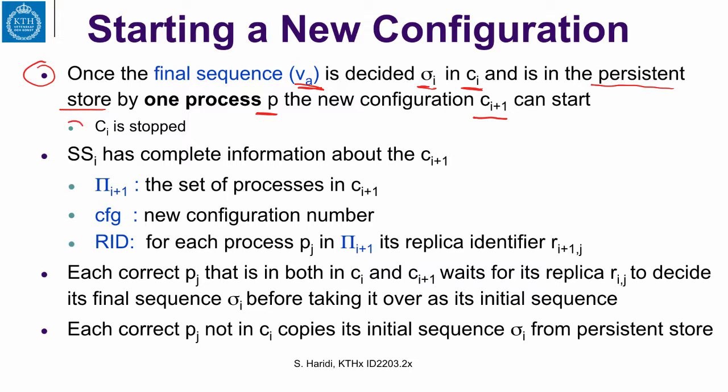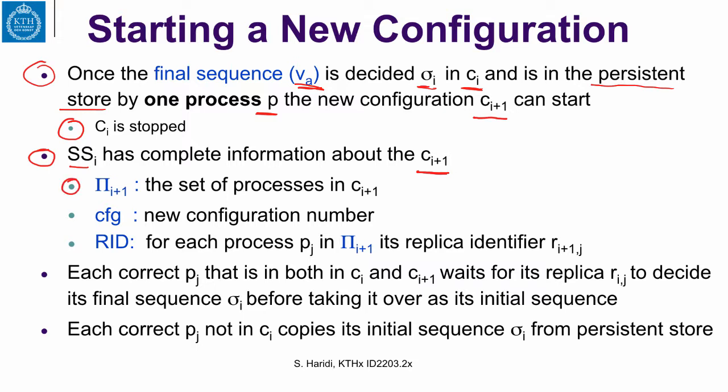We say that CI has stopped, and stopped means stopping accepting new commands. What is the stop sign? The stop sign that we discussed in the previous unit has complete information about configuration CI plus 1, the new configuration.